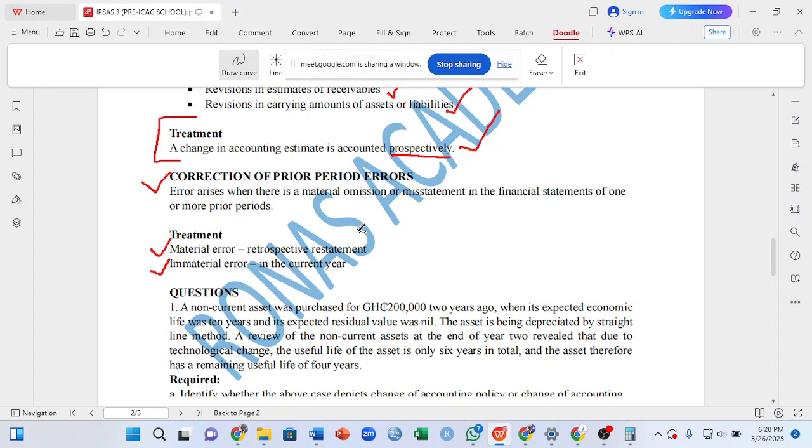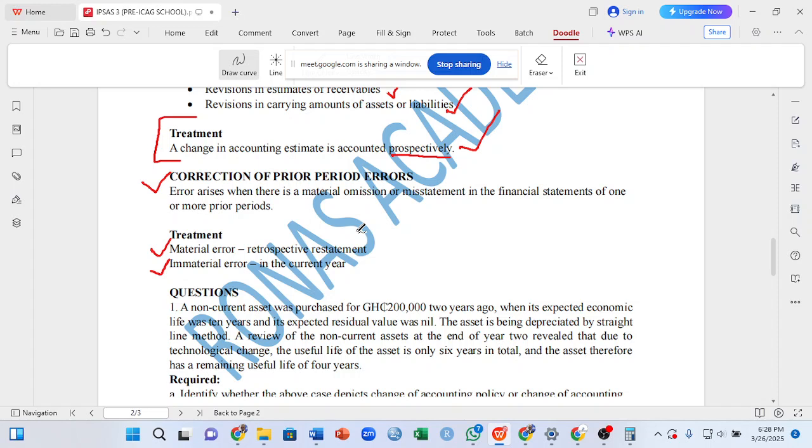Any other question? Please, pertaining to the classes of error, the material error and immaterial error. You made a statement that if the errors occurred pertaining to prior periods, that is the material error, we should apply a retrospective restatement.